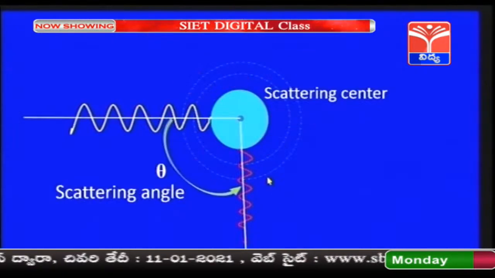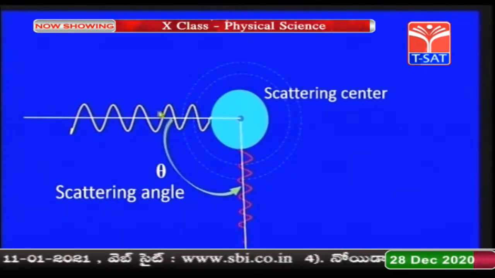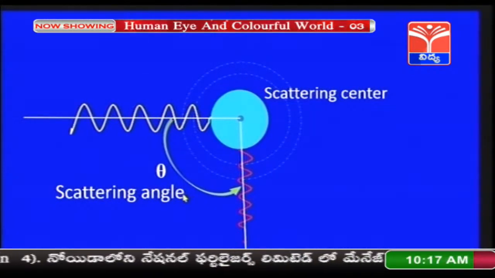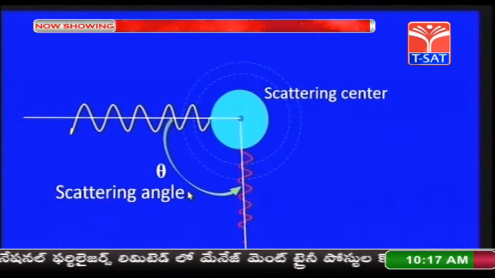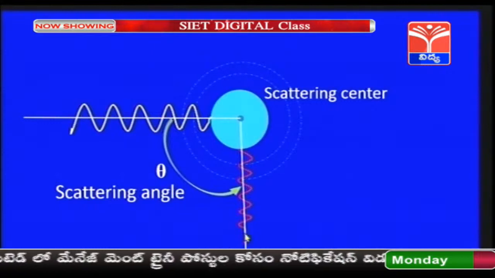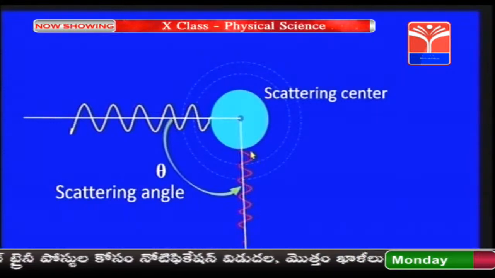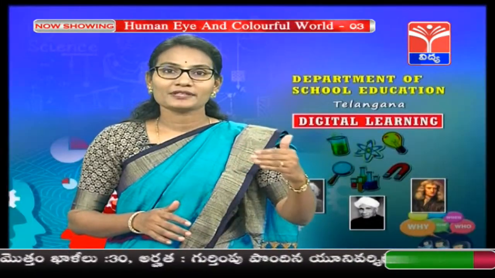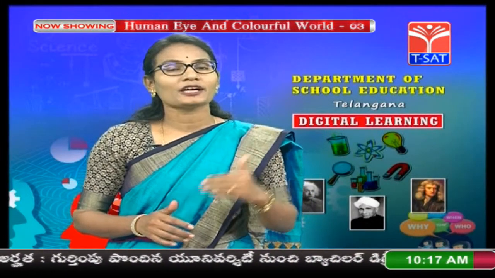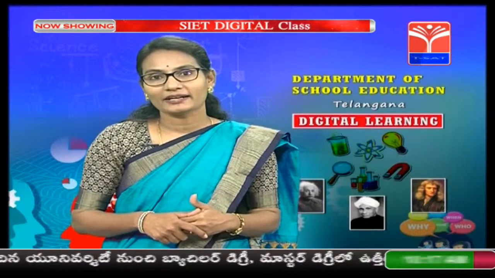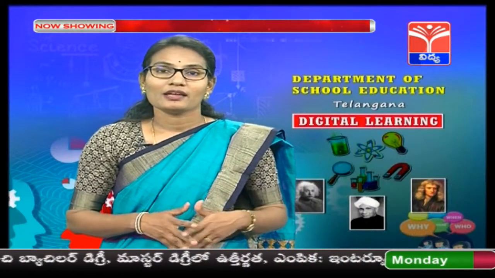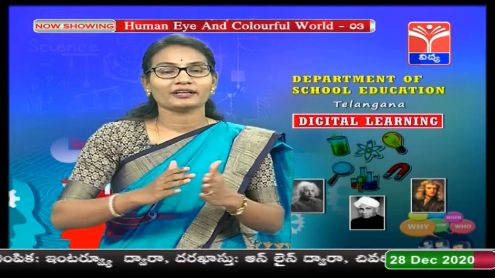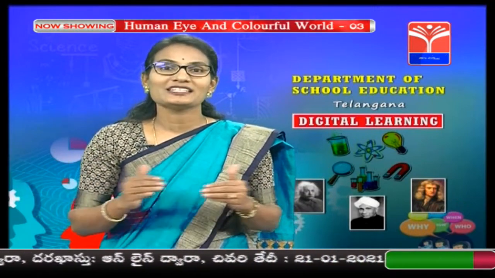The angle between the incident light wave and the scattered light wave is known as the scattering angle. The intensity of the scattered light depends on the scattering angle. When the angle of scattering is near 90 degrees, the intensity of scattered light is greater. When the angle of scattering is less than 90 degrees or greater than 90 degrees, the intensity decreases.